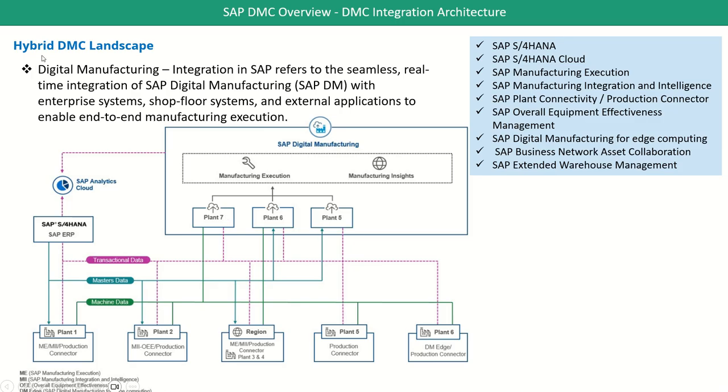So this is the Digital Manufacturing landscape or architecture in a hybrid mode. Some of the plants are available on SAP Digital Manufacturing on cloud, and some of the plants are still on premise and still will be connected, and it will work.